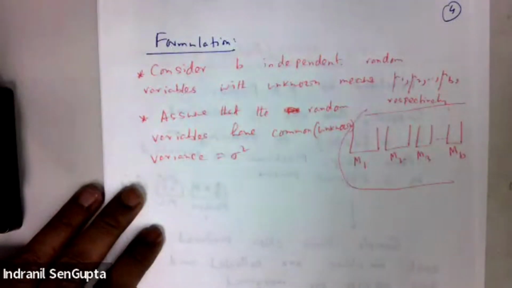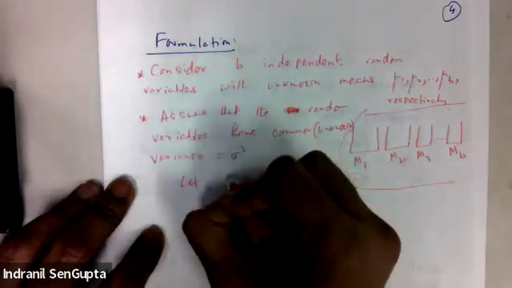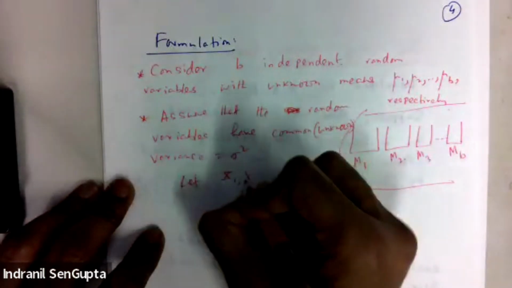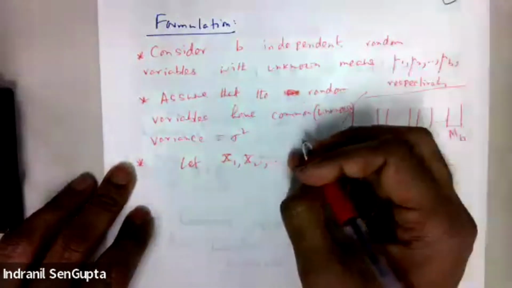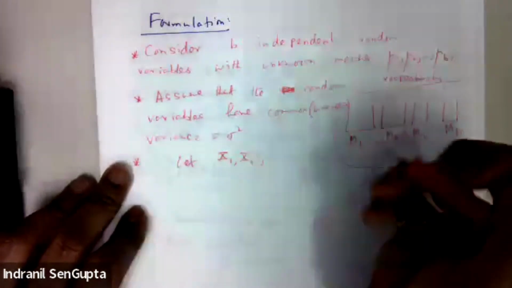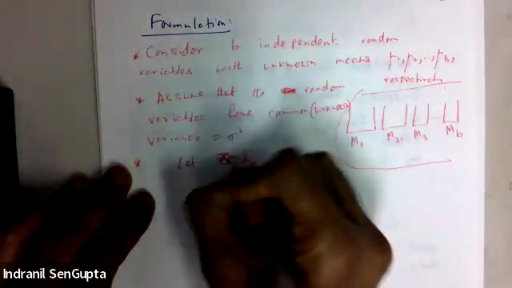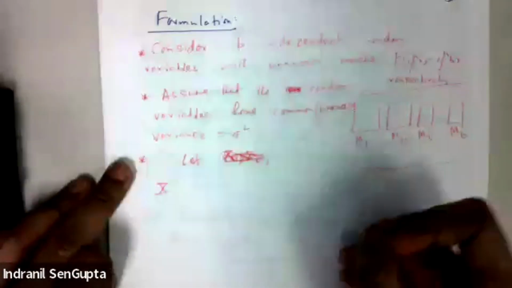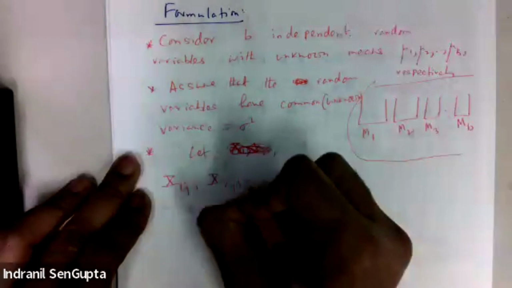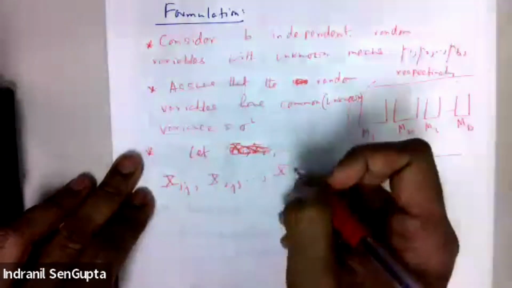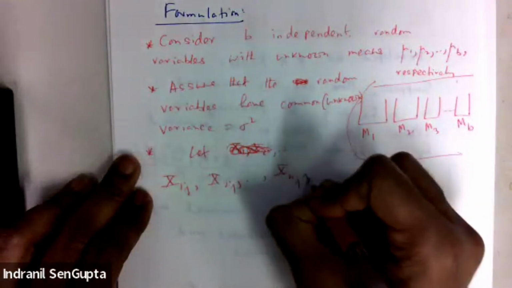Now we can let x sub 1, x sub 2, that's the third one, and so on. We have now two sources of variation. So let's write x of 1j, x of 2j, x of n sub j. I'll explain what it means.